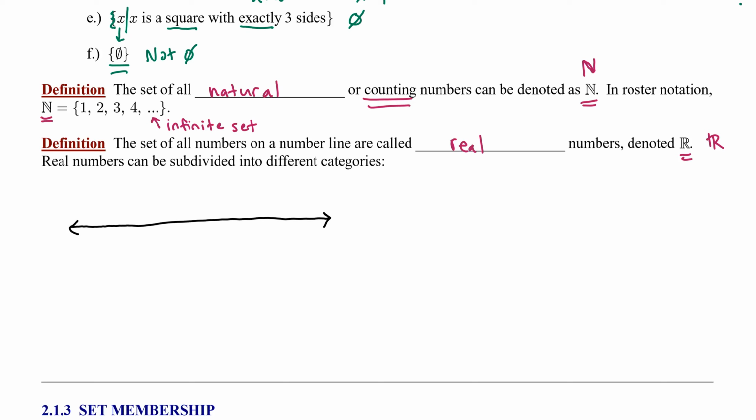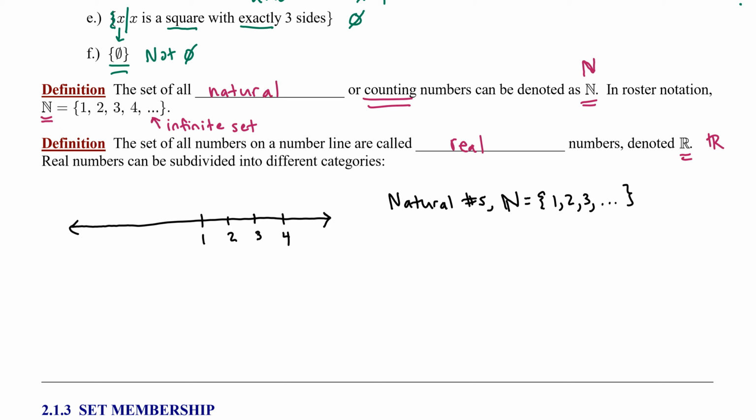So if we look at a number line here, we can start by placing our counting numbers. Our counting numbers are the natural numbers. So the natural numbers are represented by the N with the double bar on the left. And again, these contain values like 1, 2, 3, continuing. That is an infinite set because we can continue counting and adding 1 indefinitely.